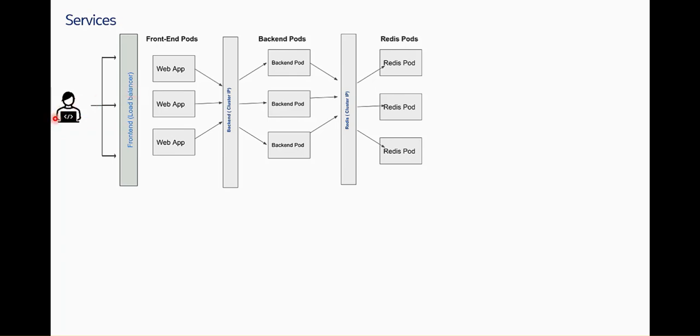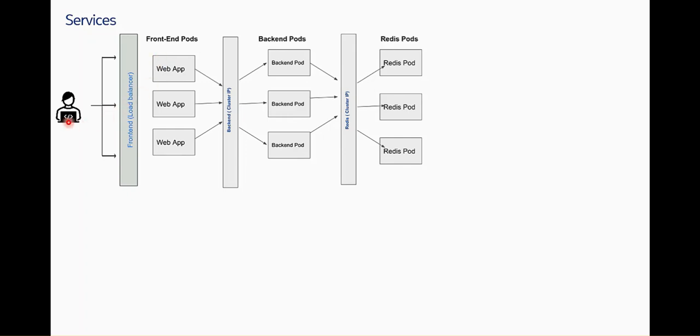If you want to communicate with this application, the front-facing component with which you can communicate is the web server only. You cannot communicate directly with the database or the backend pod. So there is always a front-facing web server for all applications.